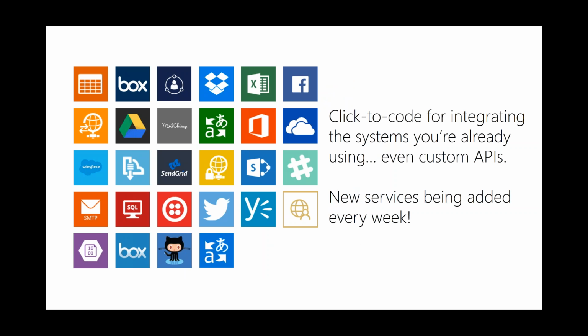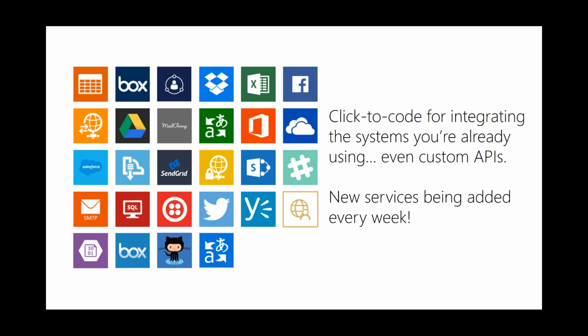We also have the ability to use lots of different systems with connections that are already pre-built for you. You can see on the screen just a small sample of the connections that are available today for Microsoft Flow. These include things like Box and MailChimp and Twitter, as well as the Microsoft suite, Excel and SharePoint, built right in so that I can go in and start today and build with these components.